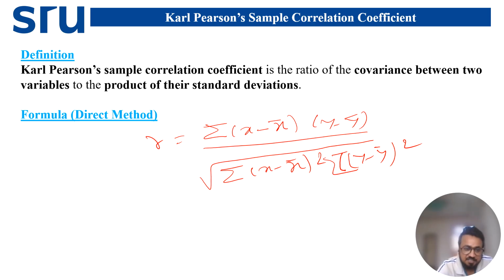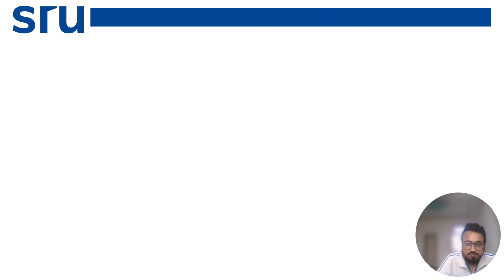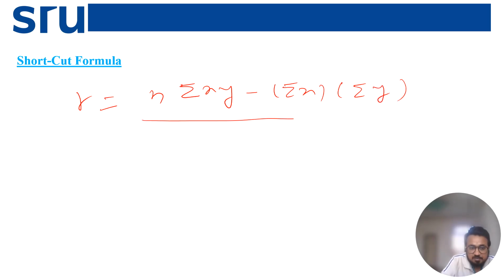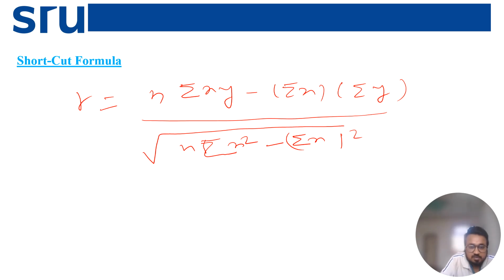This is the direct formula for finding the Karl Pearson sample correlation coefficient. Now there is another formula, which is the shortcut formula. So now I will discuss the shortcut formula for finding the Karl Pearson correlation coefficient. r equals n into summation of xy minus summation of x into summation of y, divided by the square root of n into summation of x square minus summation of x whole square.